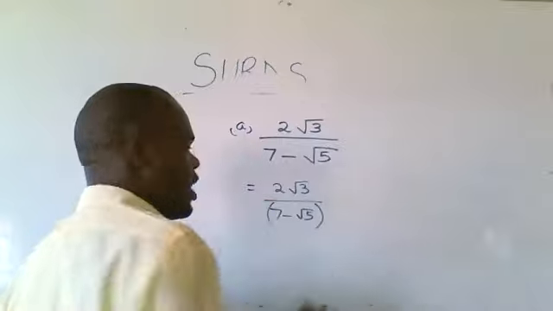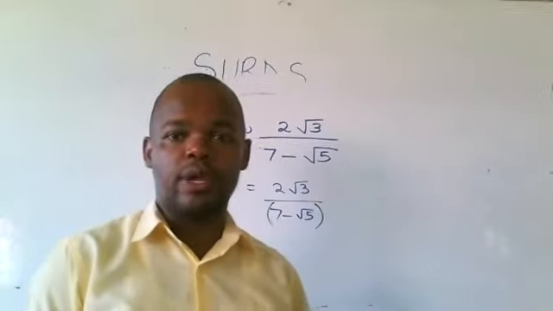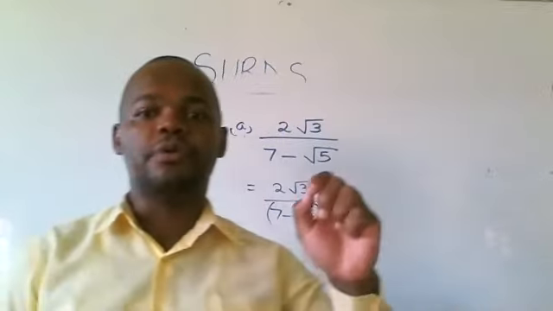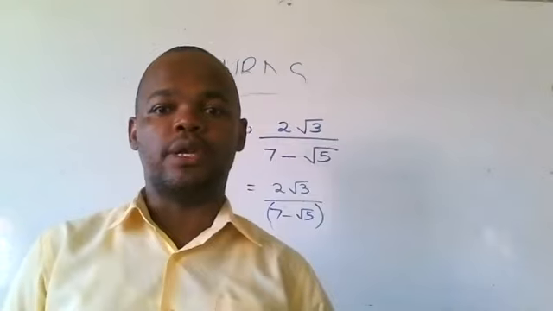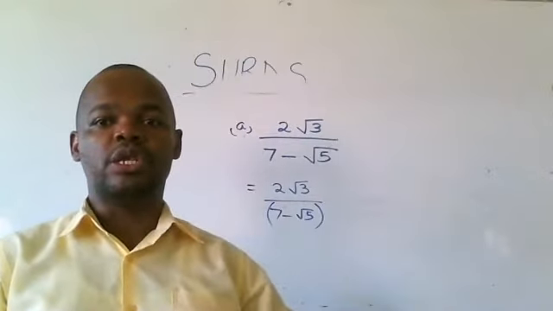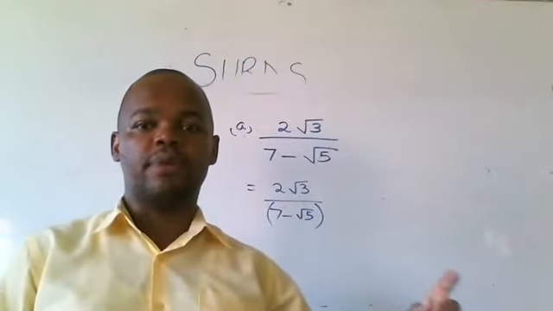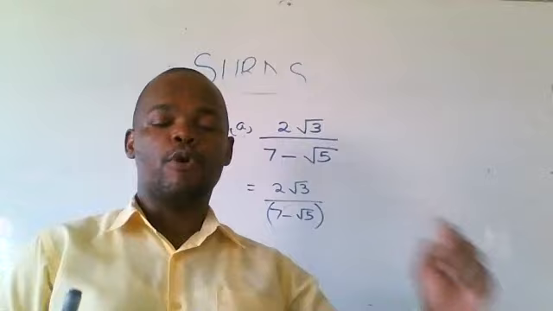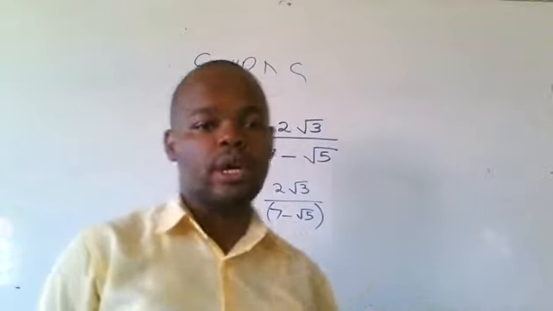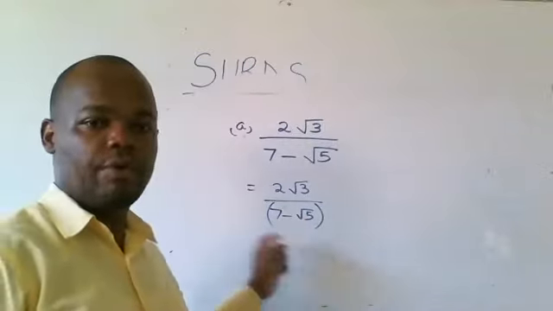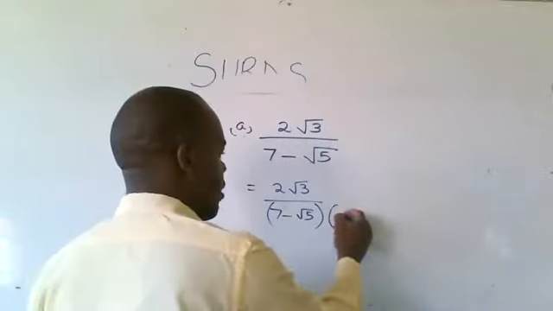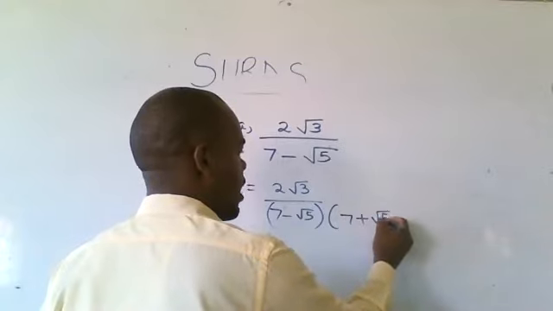And we say when we are rationalizing the denominator, we ensure that there is no surd in the denominator. So, because I have a mixed surd in the denominator, we will multiply by its conjugate. And the conjugate of 7 minus square root of 5 is 7 plus square root of 5.